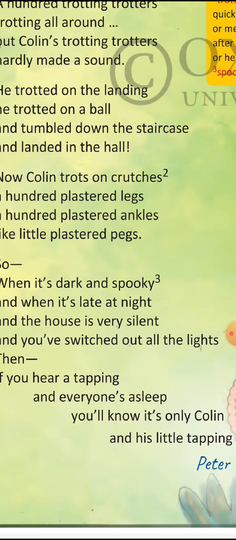Colin comes out at night and it moves very fast and keeps on roaming all around the house. So, whatever noise you hear, what noise is it? It is Colin's noise, that is, at midnight. So, this is the poem called Colin.